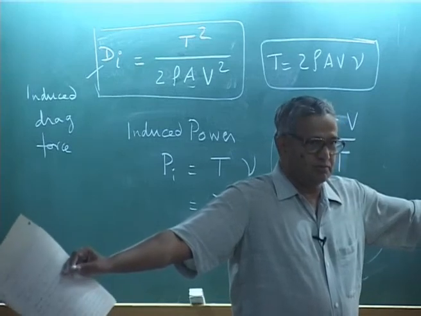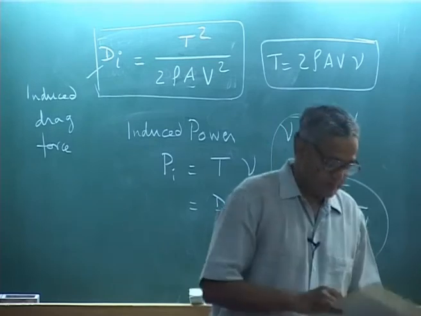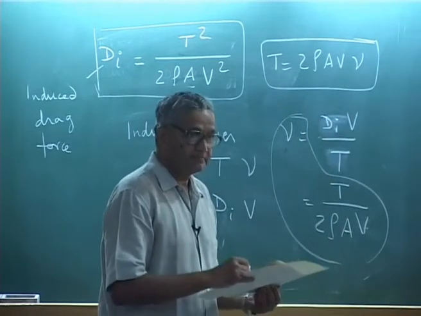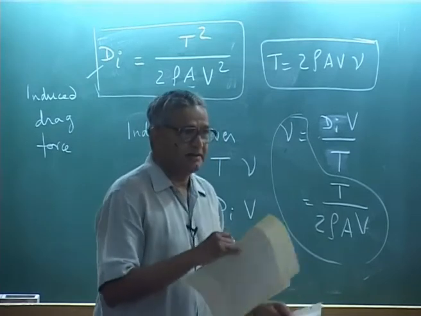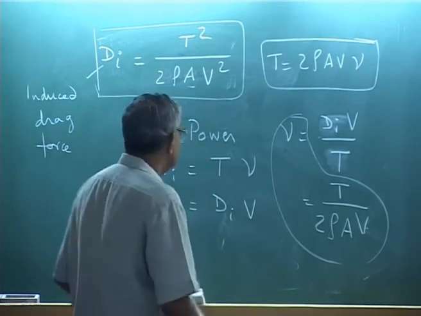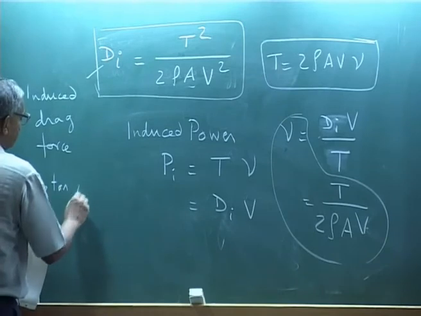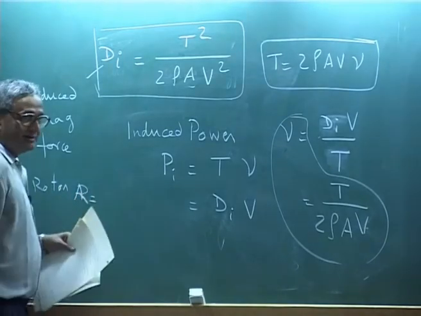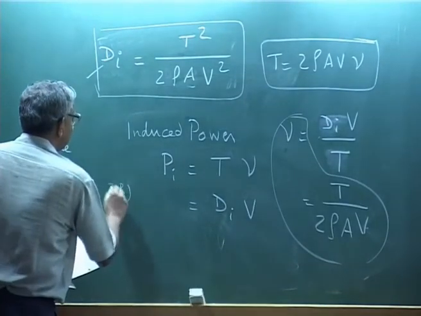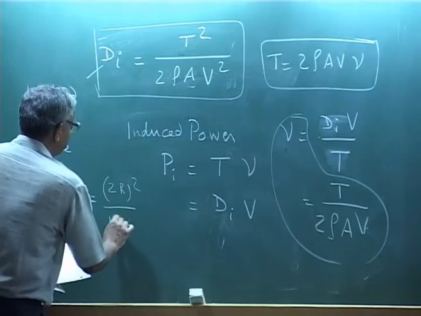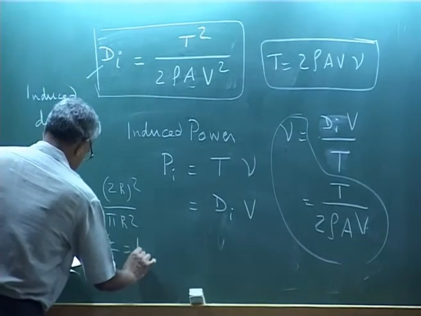But what we started off with was a large aspect ratio, minimum induced drag, etc. For a wing you take it to a large aspect ratio. Here, the aspect ratio of a rotor is b square, that is 2r, over pi r square, which is 4 over pi, which is 1.27.